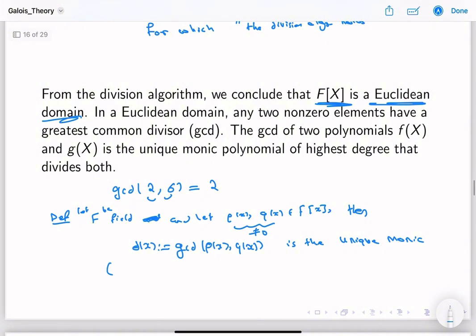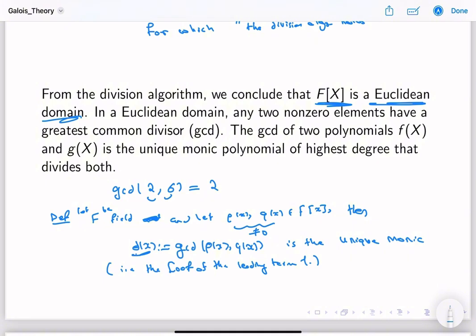By monic I mean, i.e., the coefficient of the leading term is 1. So the coefficient of the x with the highest power is 1 in the polynomial. So d of x is going to be x to some power, plus a constant times x to that power minus 1, and so on.